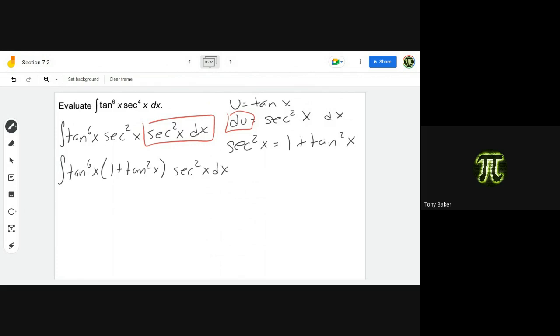All right. So now I've got my du, and everything else is in tangents. So now I can replace it with u's. So I have u to the 6th, 1 plus u squared du. So this can become u to the 6th plus u to the 8th.